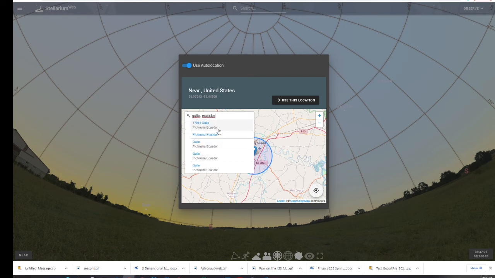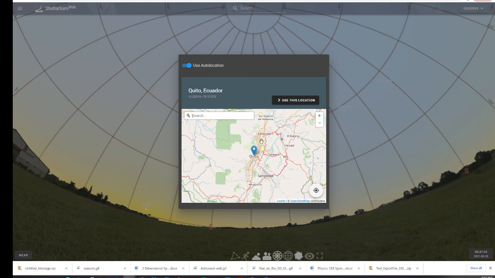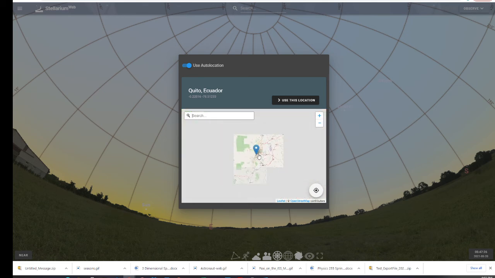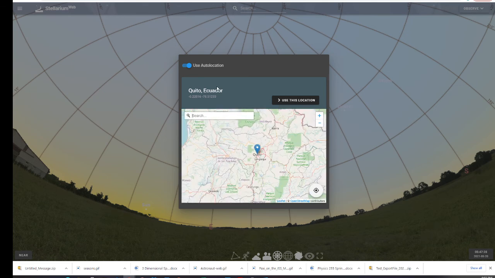So you can choose any address in Quito, Ecuador. And what you want to make sure right here on the latitude and longitude is that you are pretty near zero latitude, meaning you're right along the equator of the Earth.